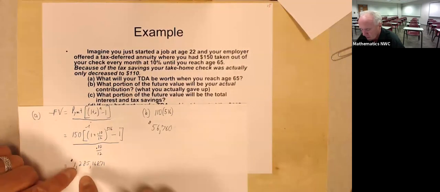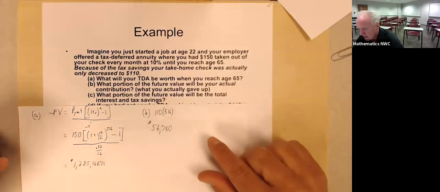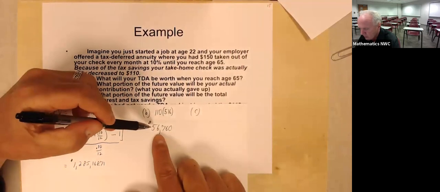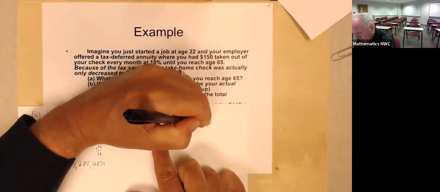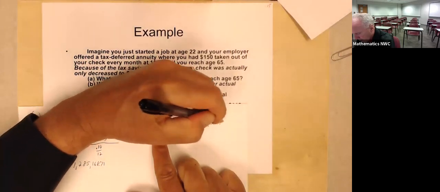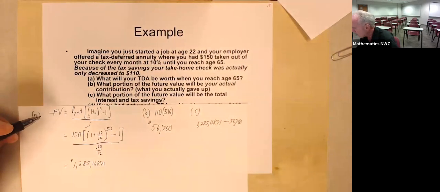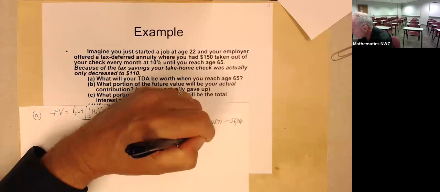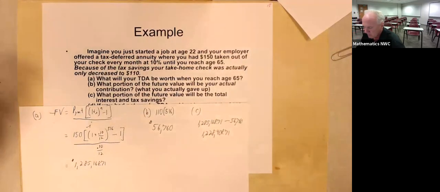What portion of this future value, 1.2 million, will be the total interest and tax savings? Well, that's easy enough to find. I take that number and subtract what I contributed. What do I end up getting here? I end up getting the following: 1,228,408.71.